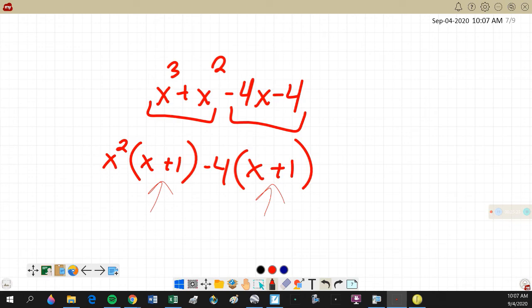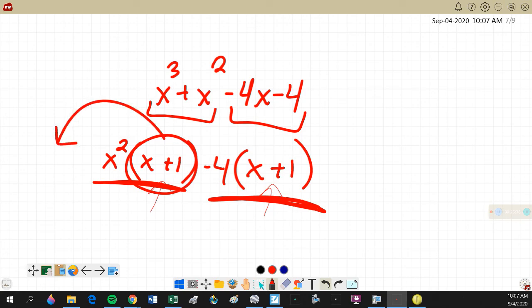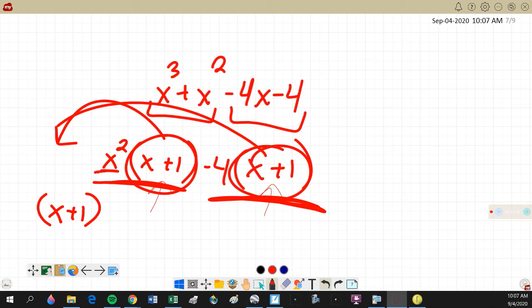Well, now I have essentially two terms. I have this, and I have this. What do those two things have in common? x plus 1. So I'm going to yank out the factor x plus 1, which seems a little weird, but it's perfectly allowed. And I get x plus 1, and then I'm left with x squared minus 4.